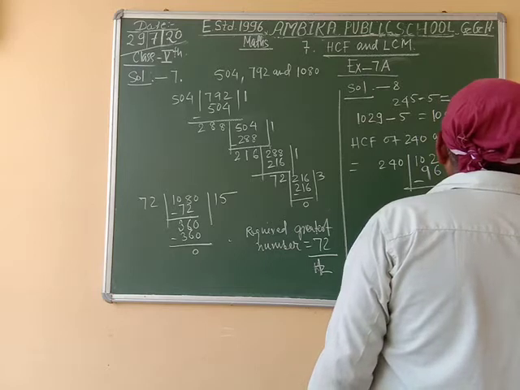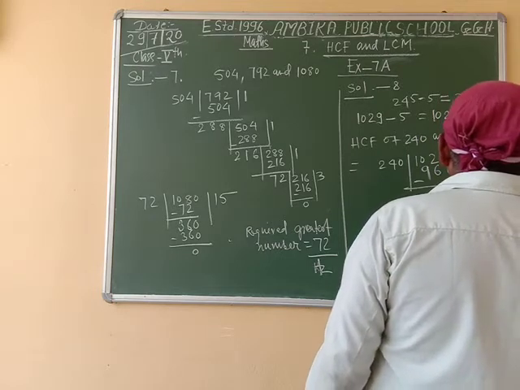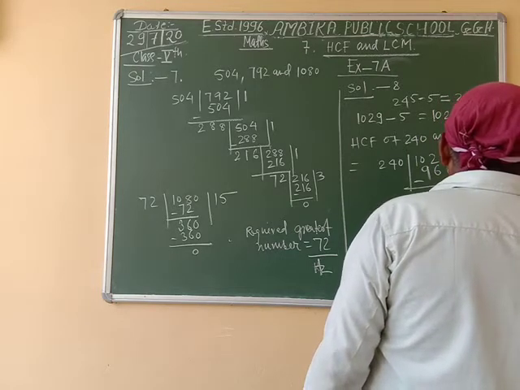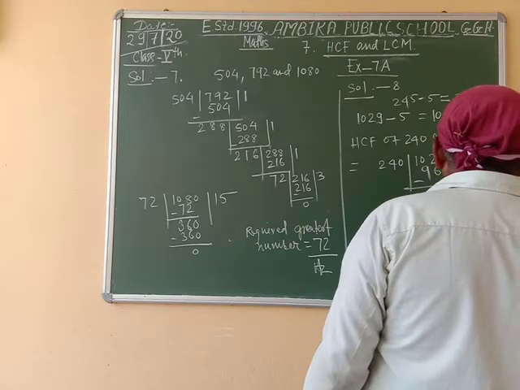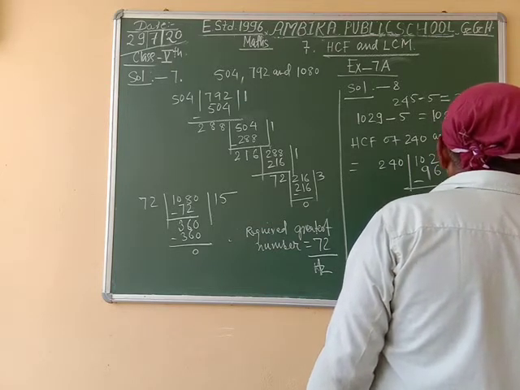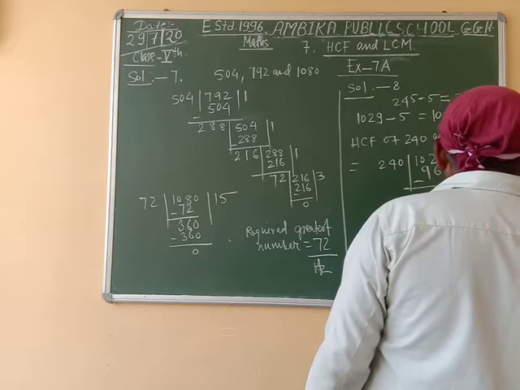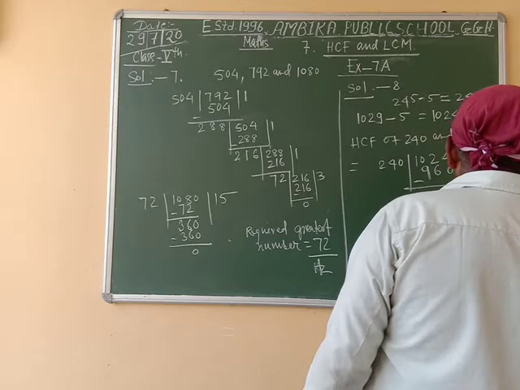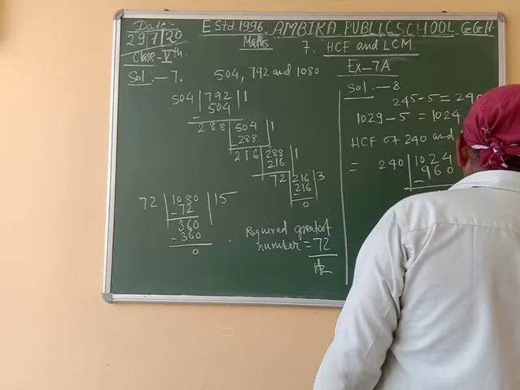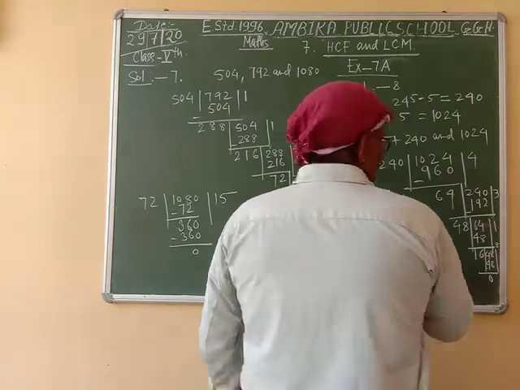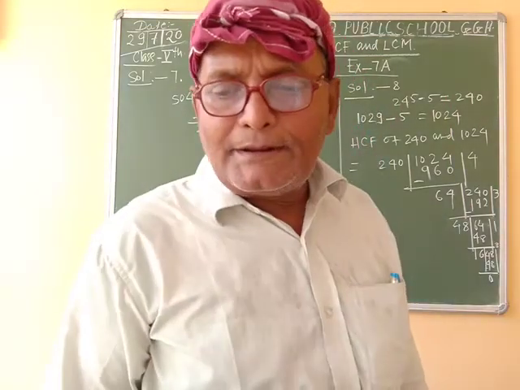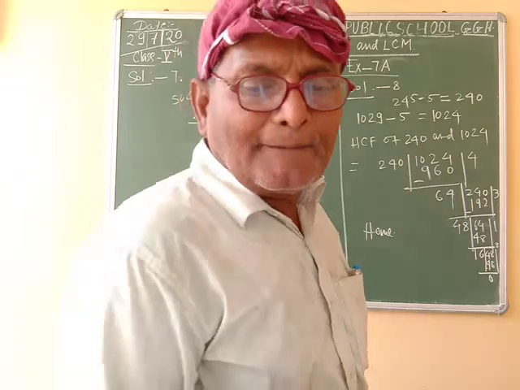Again dividing 64 by 48, the remainder is 16. Dividing 48 by 16, it goes 3 times.